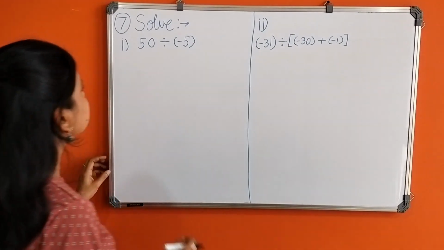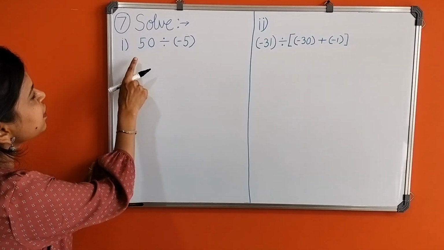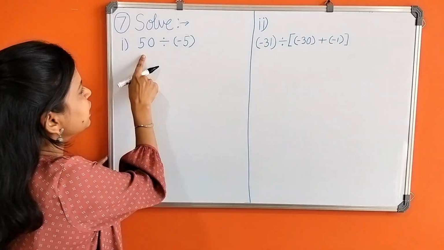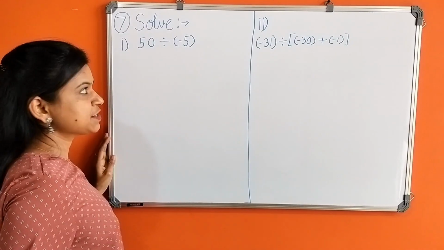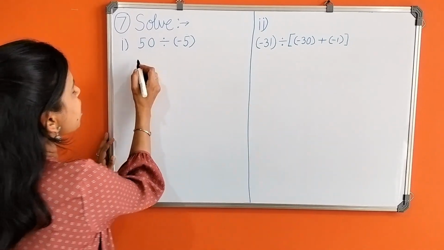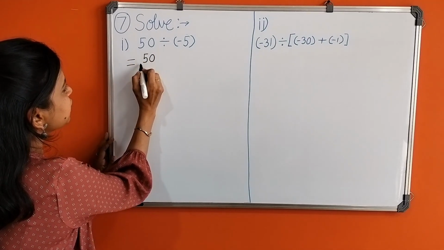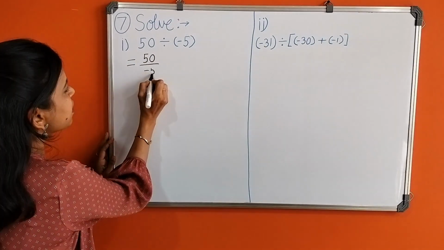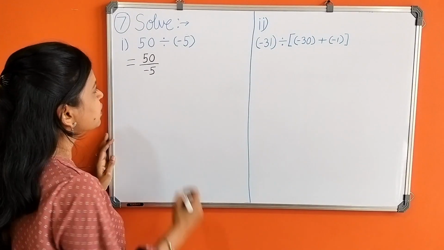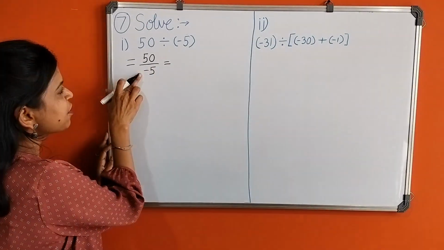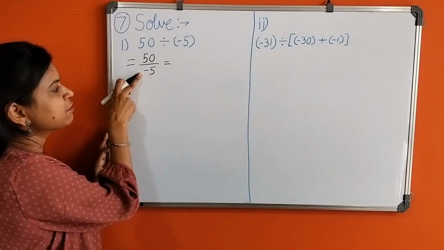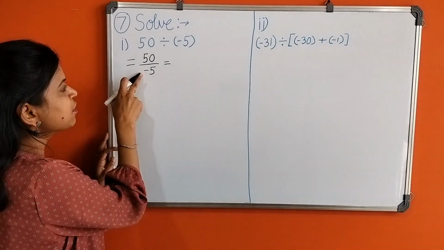Next, solve. First is 50 divided by minus 5. So how will we write it? 50 upon minus 5. Now when there is one negative in the denominator, what will we do?